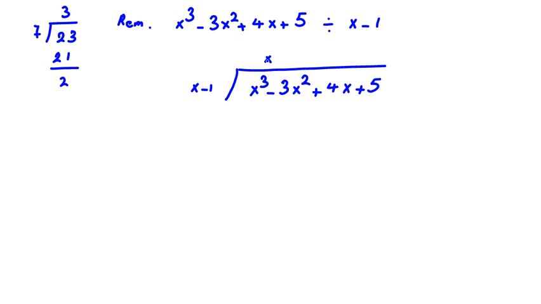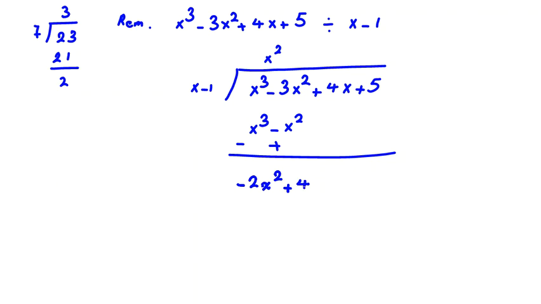What term should we write here? x squared, it will be x cubed minus x squared. Then you subtract, it will be minus, it will be plus, so it will be cancelled. Negative 3x squared plus x squared, negative 2x squared plus 4x plus 5. And then we place negative 2x. It will be negative 2x squared plus 2x.